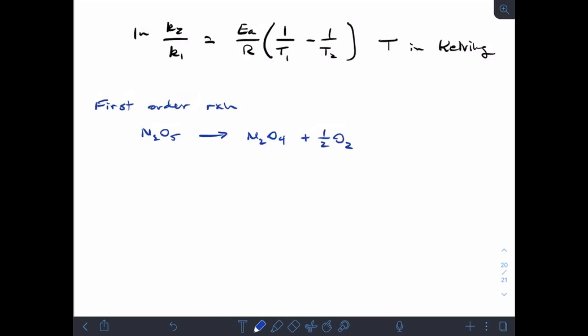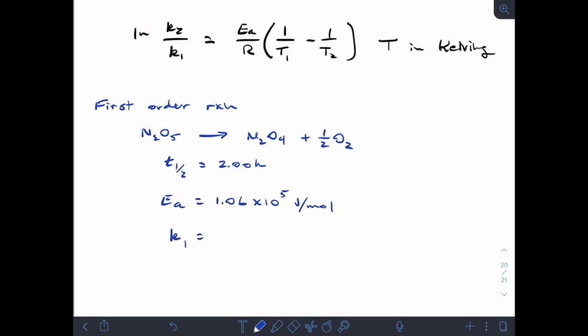Okay. So we have some information. We're going to be given some information. We're given the half-life is 2 hours. We're given the activation energy is 1.06 times 10 to the 5 joules per mole.